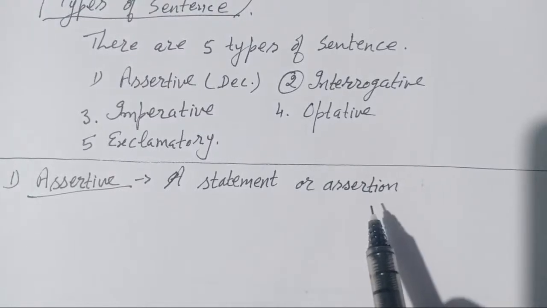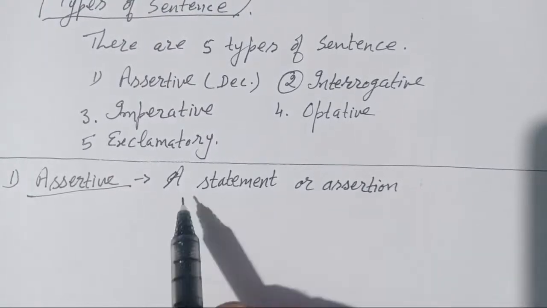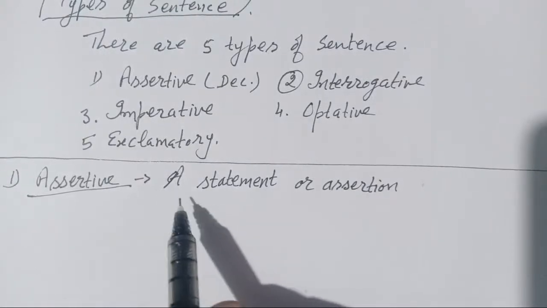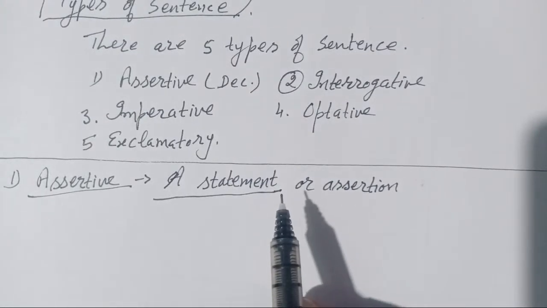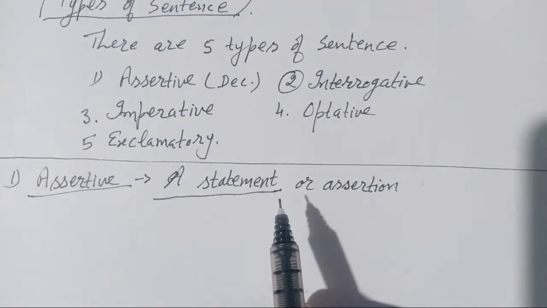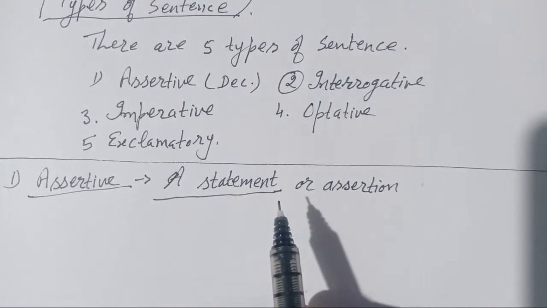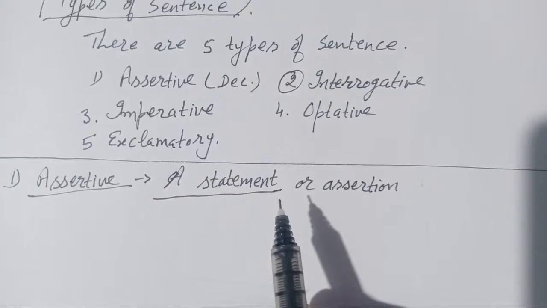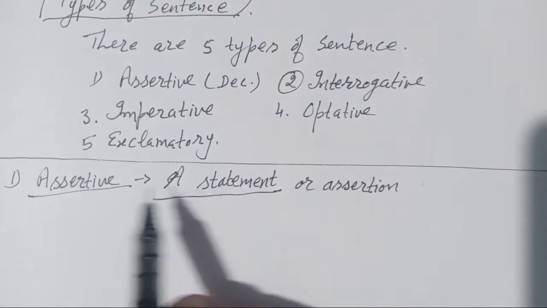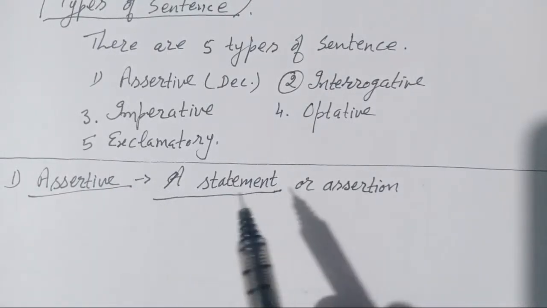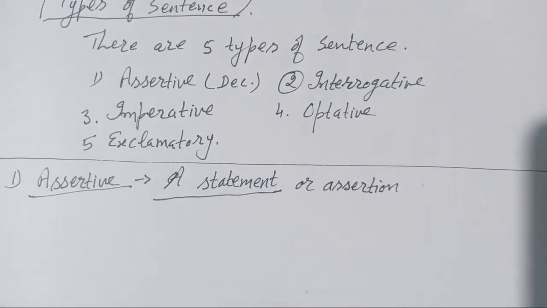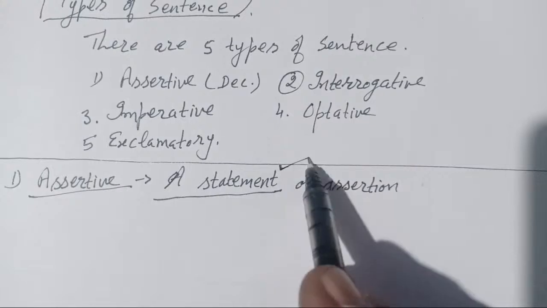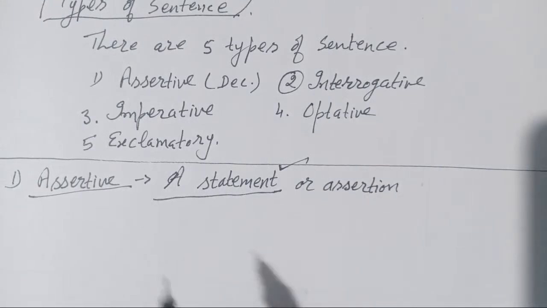So they are known as assertive or declarative sentences. They make a simple statement. They don't ask you any question. They don't give you any order, any advice, and they are not about any prayer or wish, nor do they explain your sudden or strong feelings, which can be expressed in exclamatory sentences only. They will simply tell you one statement, and this statement can be positive or negative.